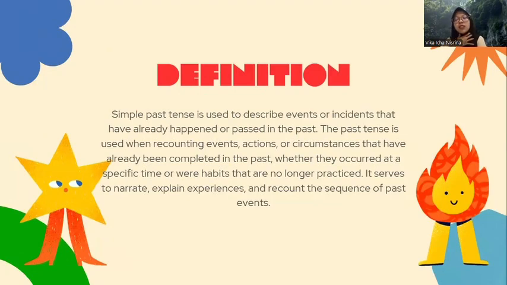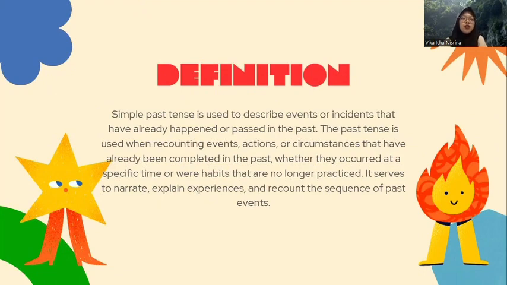Simple past tense is used to describe events or incidents that have already happened or passed in the past. The past tense is used when recounting events, actions, or circumstances that have already been completed, whether they occurred at a specific time or were habits that are no longer practiced.